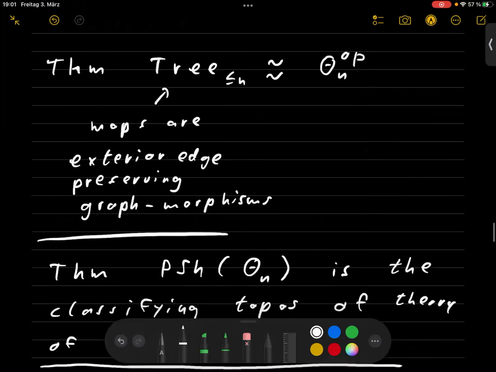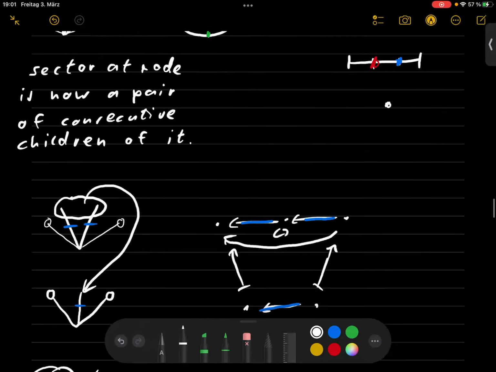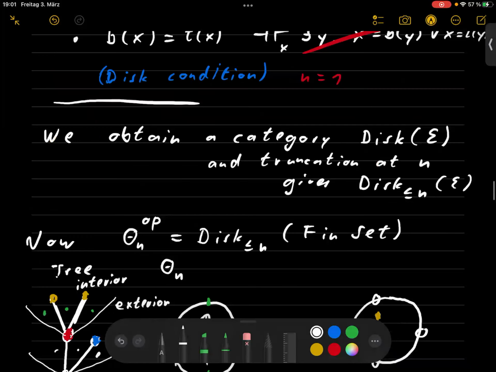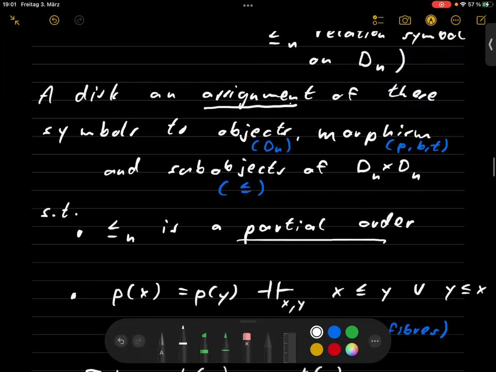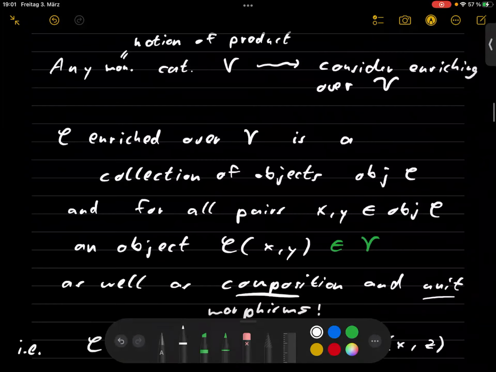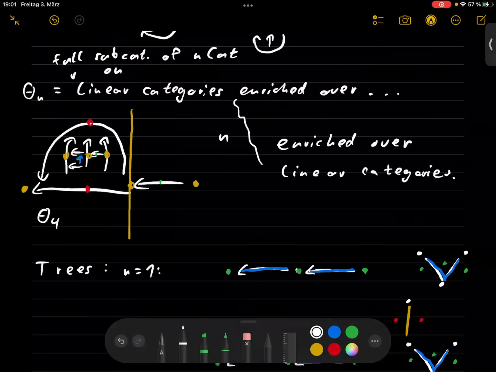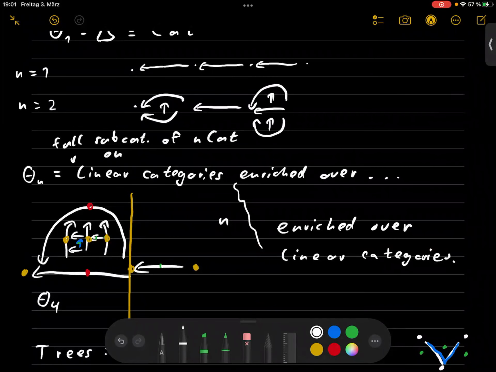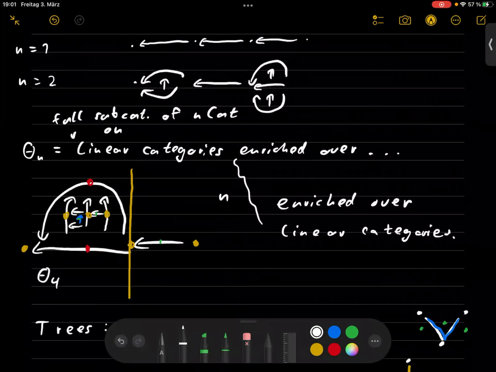Let's see. Okay. So this comes from here somewhere. If we take this definition of delta, where is it? There, linear enriched categories, and only do it once, then linear categories are what I call linear categories, is just objects are one after each other, and then there is one morphism in there in the end.